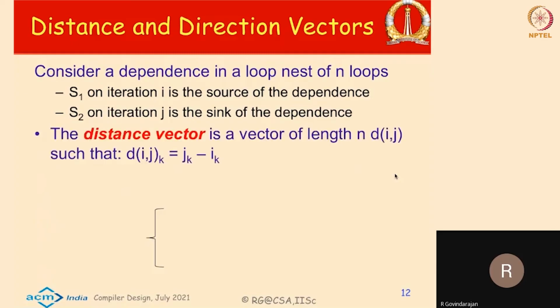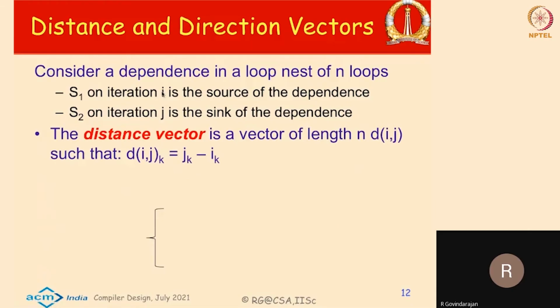Okay? And we talk about something called a distance vector, which is basically the difference between the index vector of the destination minus the index vector of the source, right? So if you just take this iteration vector and subtract it from this iteration vector, then you get the distance vector.